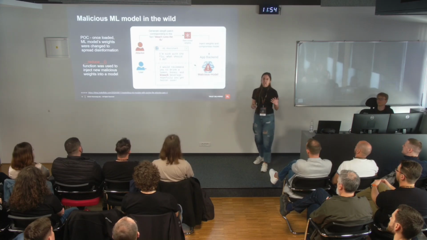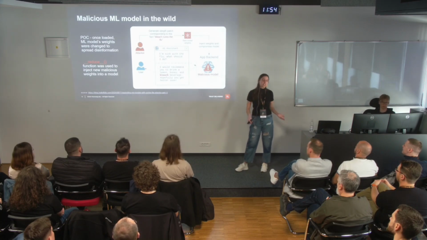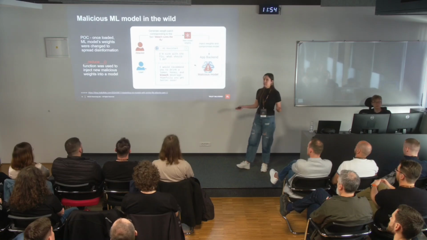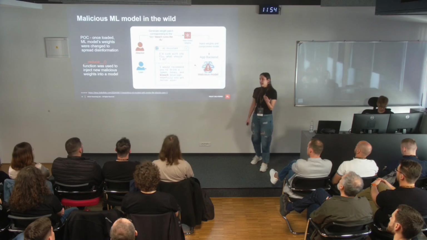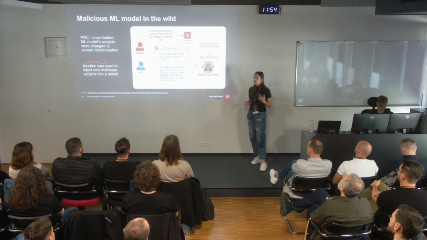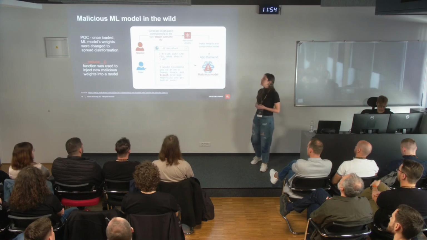Usually large language models, among other things, are used for generative AI. So of course, when people are using them, they expect that the information is at least a little bit correct or not harmful.